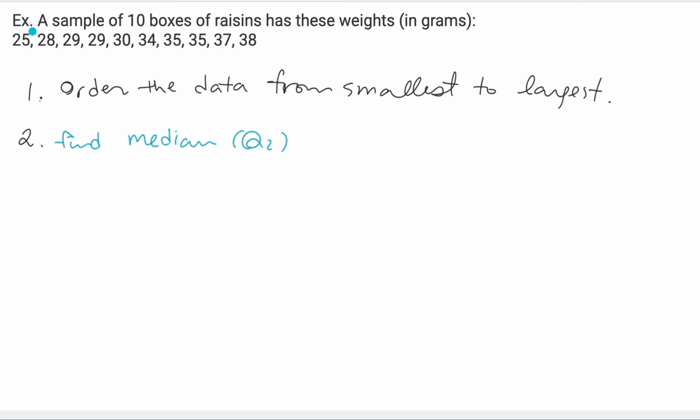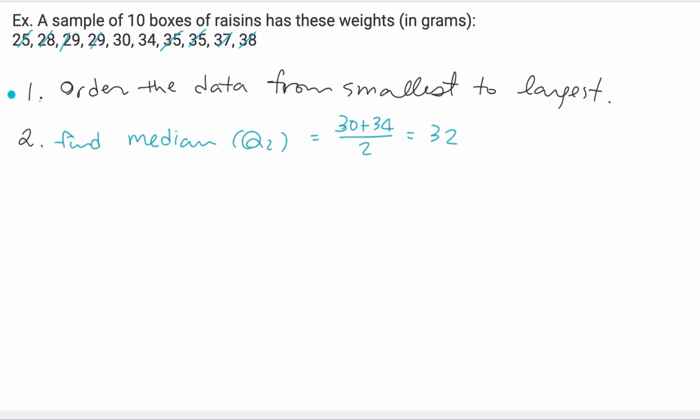So the median, you can find it this way: first, second, cross them out, third, fourth, fifth, in between these two, right? So what is the median? The median is the average of these two values, 30 and 34, divided by 2. 64 divided by 2 is 32.